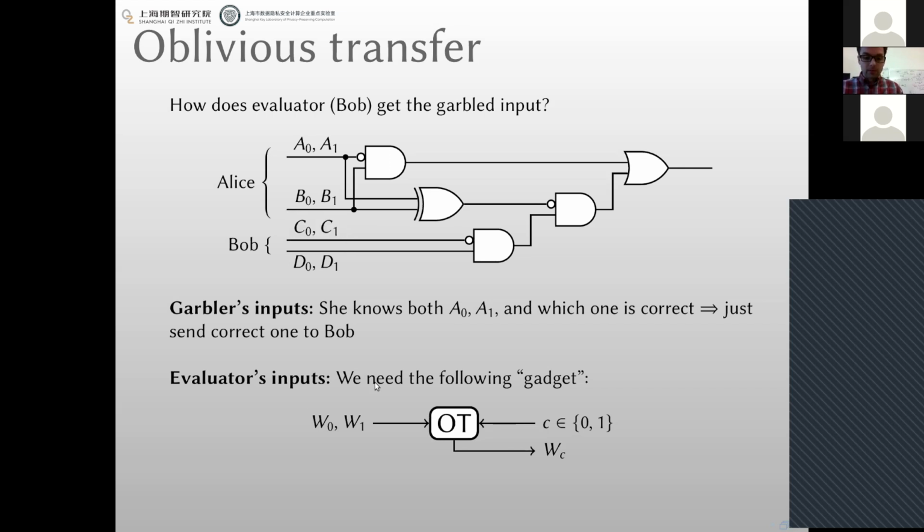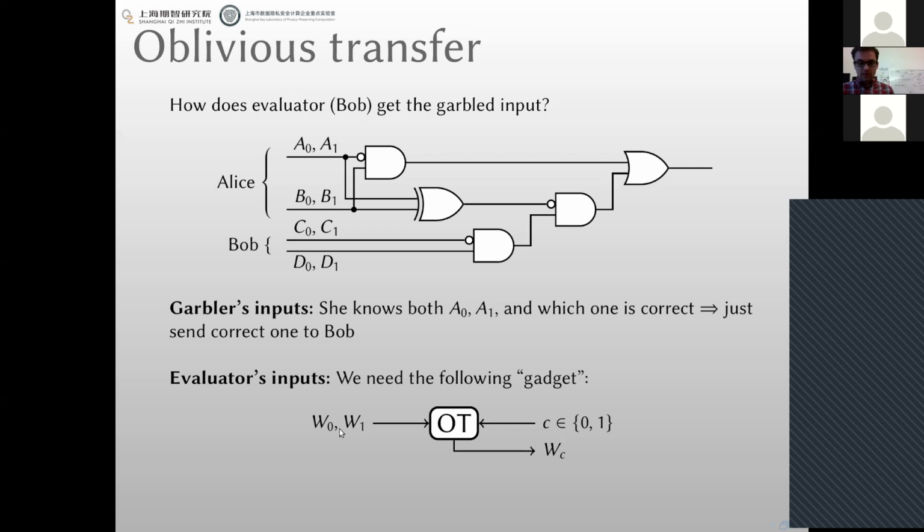We need something that works like this. Alice inputs 2 wire labels. Bob inputs a choice bit, and he learns the one of the 2 wire labels that he chose. And Alice should not learn which one he chose.